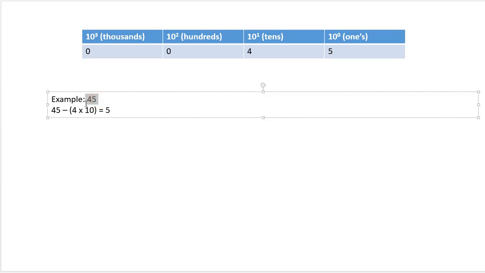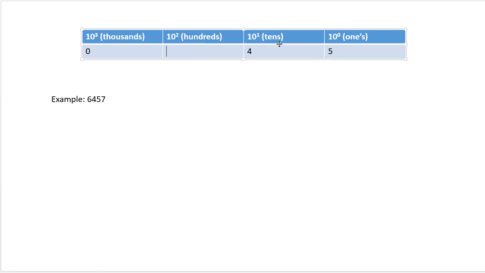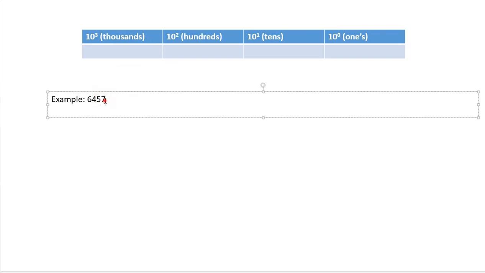Let's do another one, say 6,457. The way we do this is we obviously need to reset. How many thousands go into 6,457?